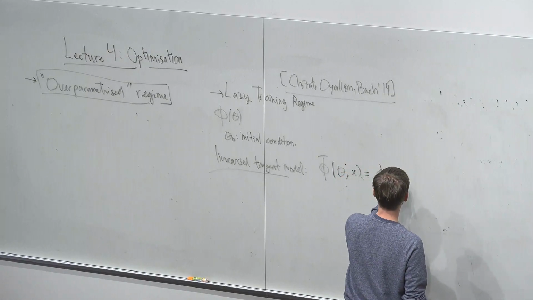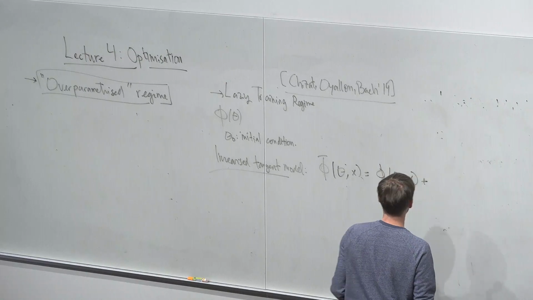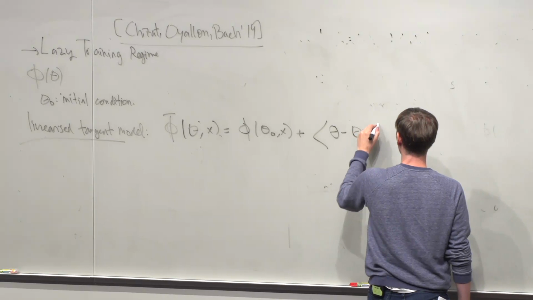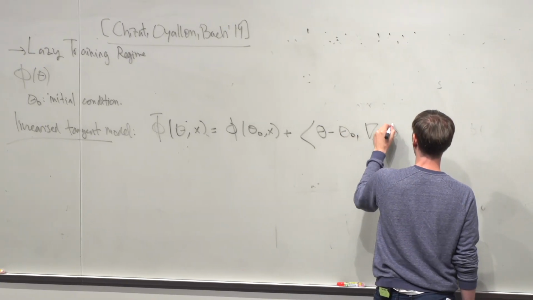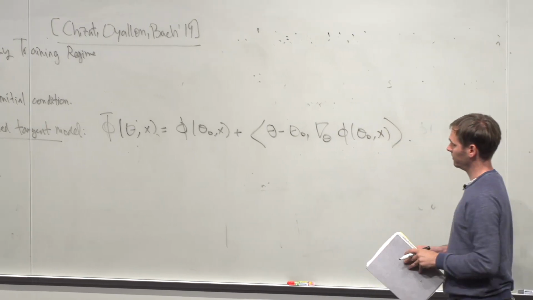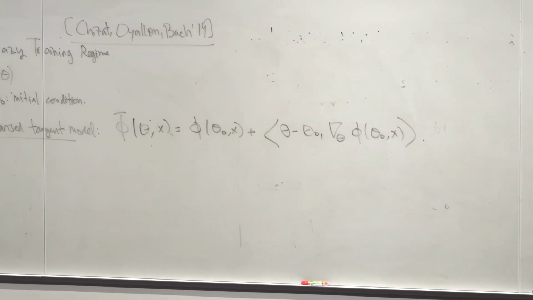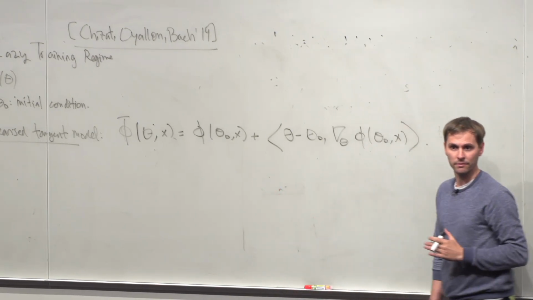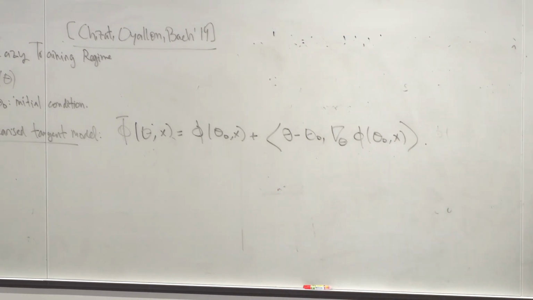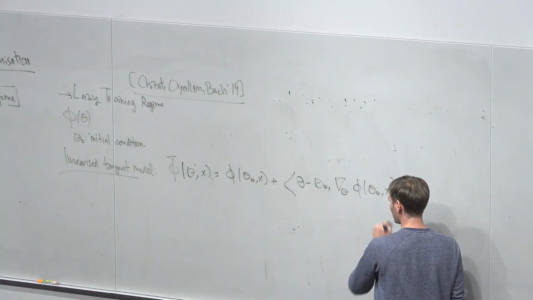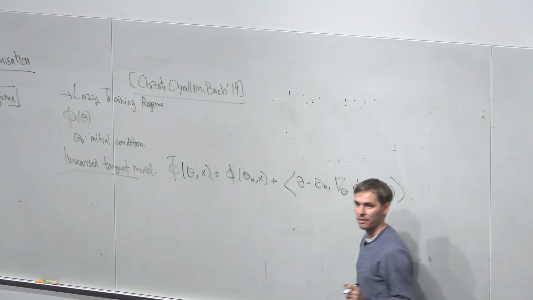It's phi of theta 0 at x plus theta minus theta 0 times the gradient with respect to theta of phi at theta 0 and x. Everyone sees why this is a linear model now with respect to theta? Theta only appears here. This only depends on theta 0, and this only depends on theta 0.